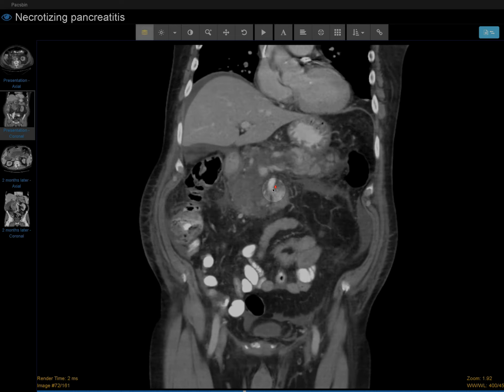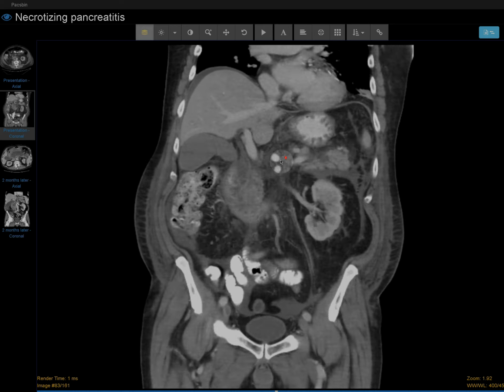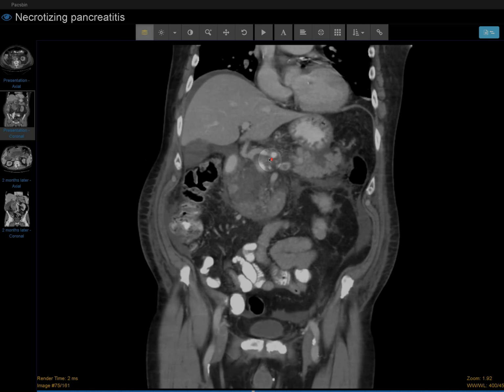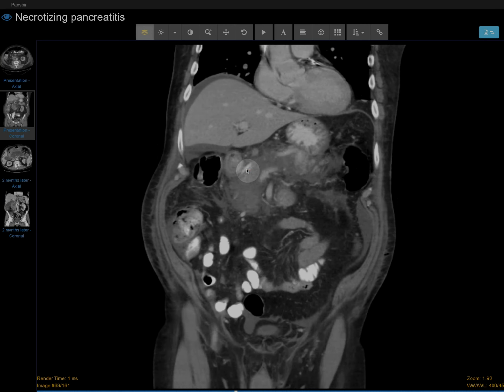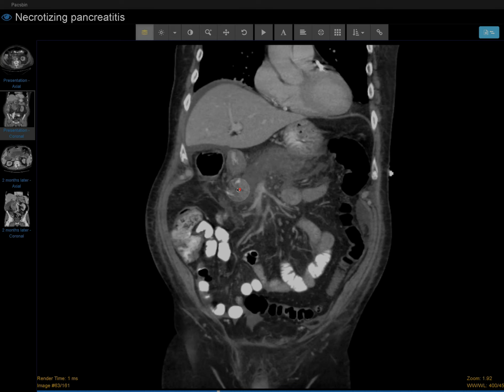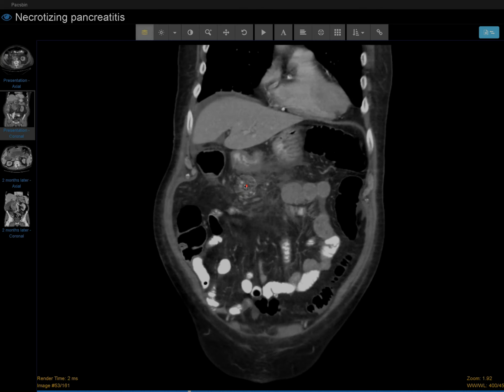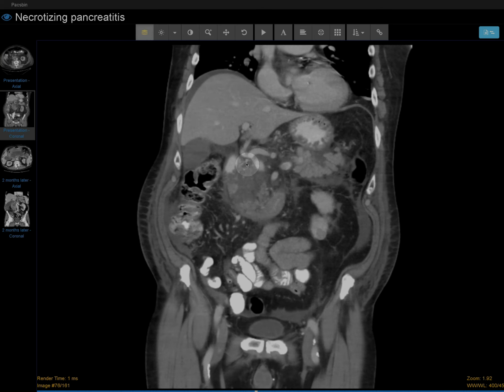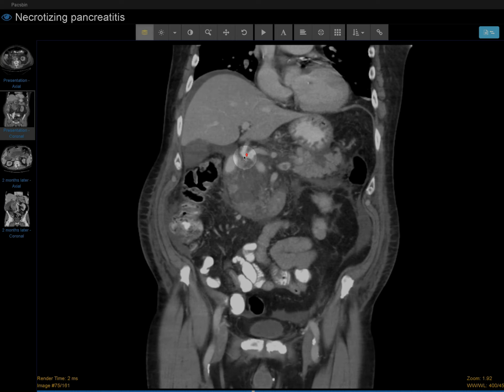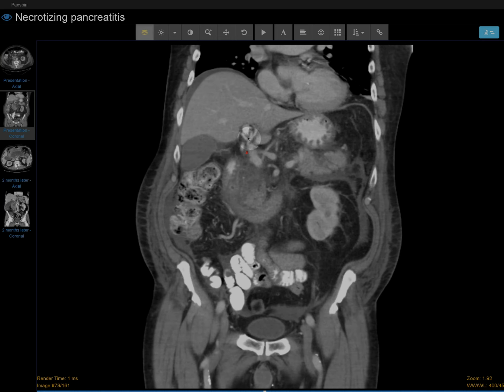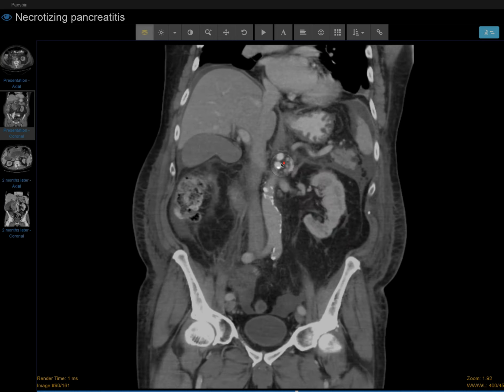So non-occlusive thrombus there. Let's take a look at the arteries, celiac trunk, giving out the common hepatic artery. This is the gastroduodenal artery. This would be the hepatic artery proper, giving the left and the right hepatic arteries.